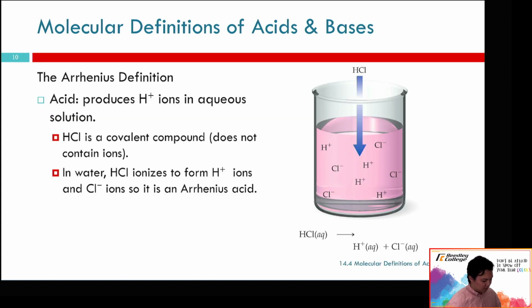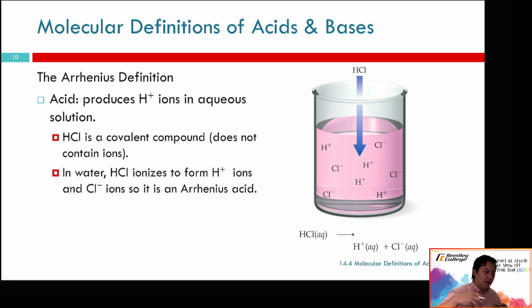Improperly stored. The Arrhenius definition of acids is that an acid produces H+ ions in aqueous solution. Things like hydrochloric acid are covalent compounds which do not contain ions, but when you add it to water, it ionizes and splits apart.